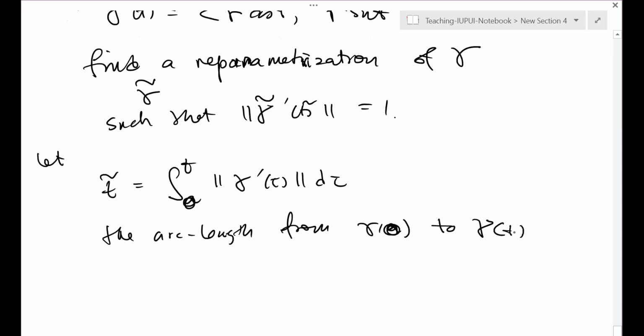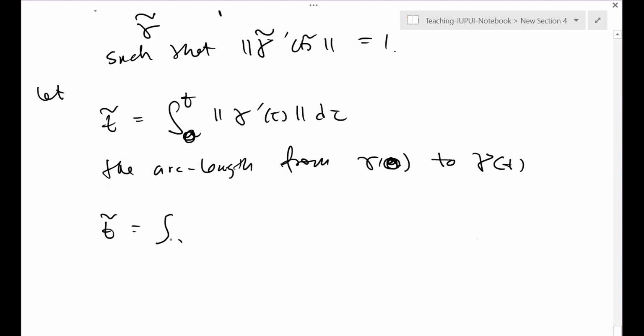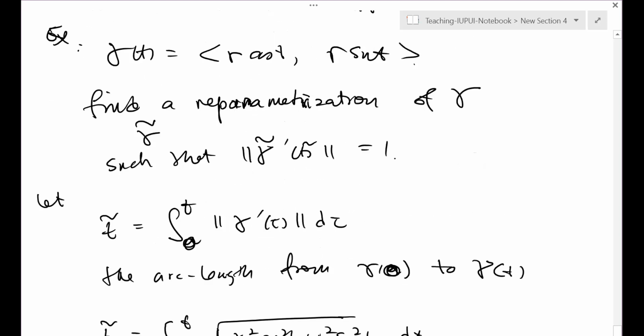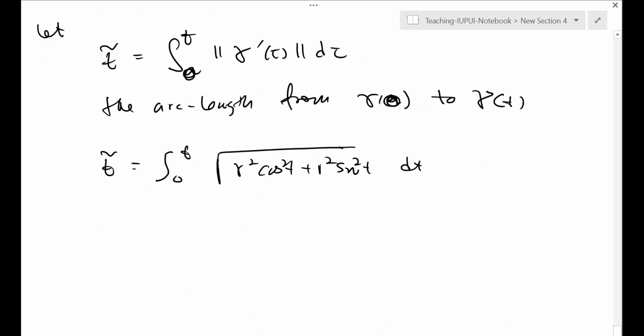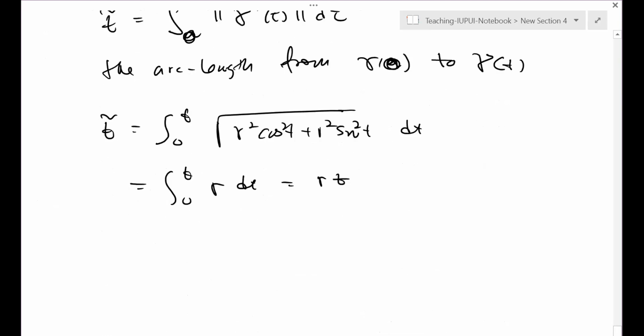So it's the integral from 0 to t of the square root of r squared cosine squared t plus r squared sine squared t, dt. Right? Because gamma t is given, just differentiate. So you will get r dt. So you get r t. So that's the relationship: t tilde is going to be r t.